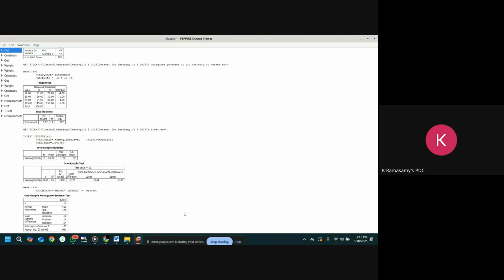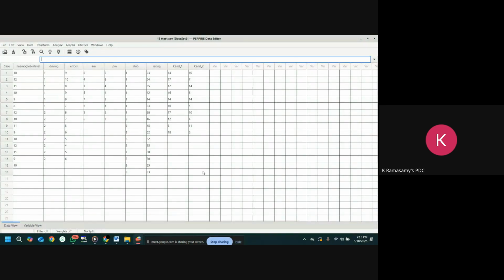Make a note of this point. In our case, it is more than 0.05, so we accept that the data is normally distributed. So I can go for the independent sample t-test. How to run it?